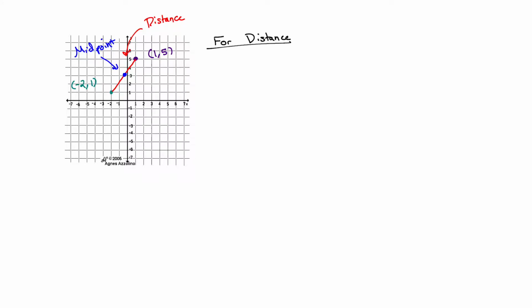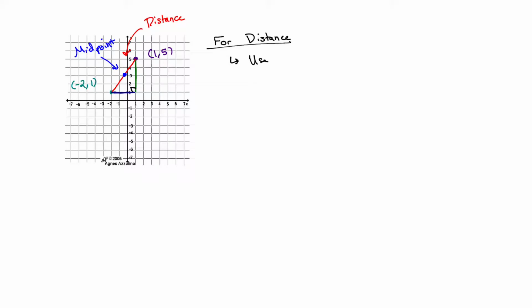If you were to create a triangle, a right triangle in particular, then we know about the Pythagorean theorem, right? So we could calculate this side length and this side length, and then we could use the Pythagorean theorem to find the hypotenuse, which is the distance here. So that's what we're going to do.